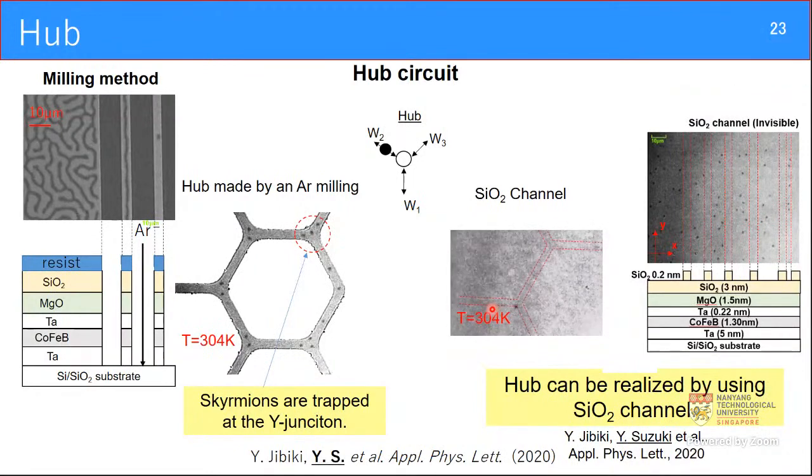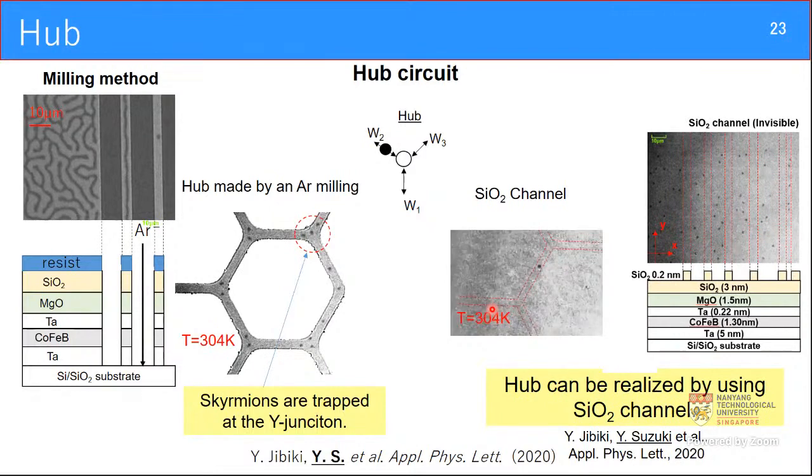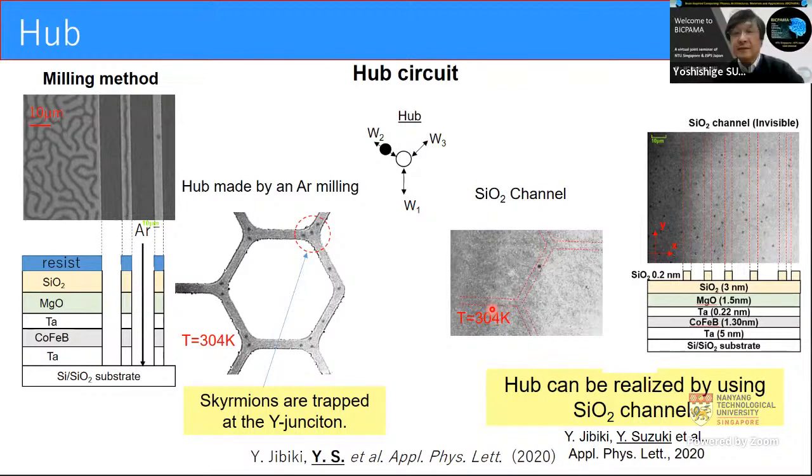Yeah, okay. So one more quick follow-up question. For the material stack structure, I noticed there is a very thin 0.22 nanometer tantalum layer on the top of cobalt iron boron. What was the reason for that again? Yeah, it's a good question. And I also want to ask you the same, because we don't know very well about the mechanism.